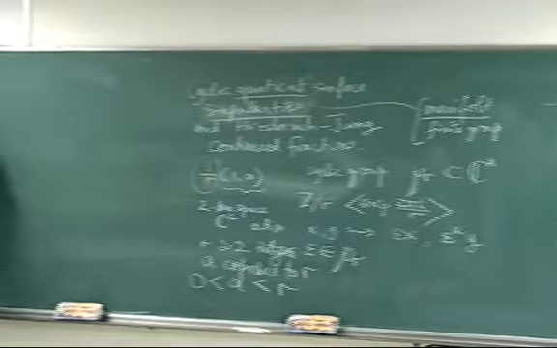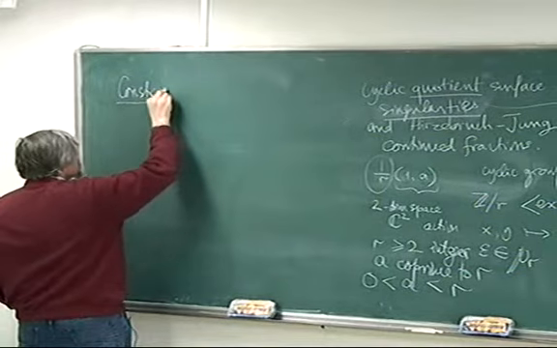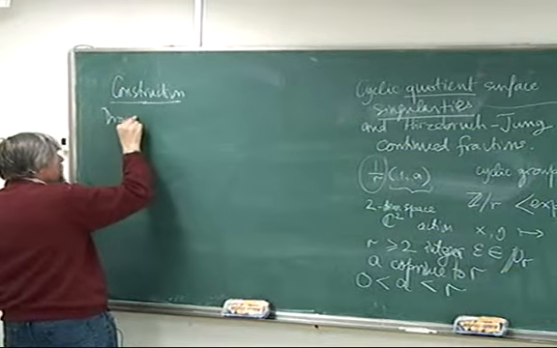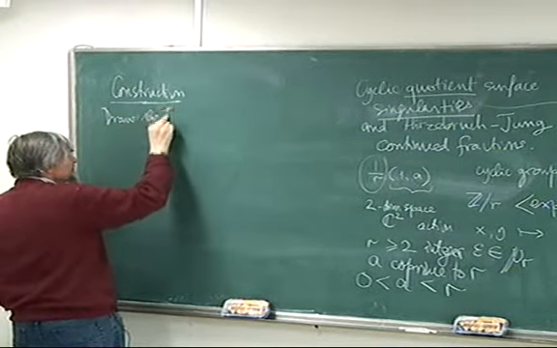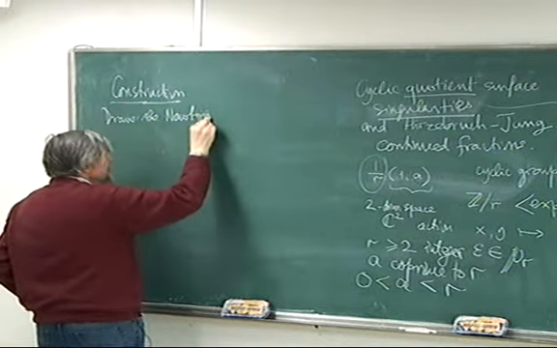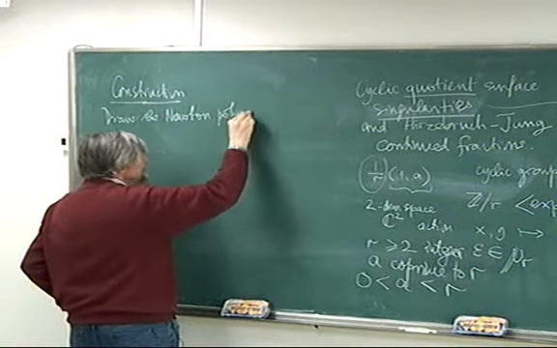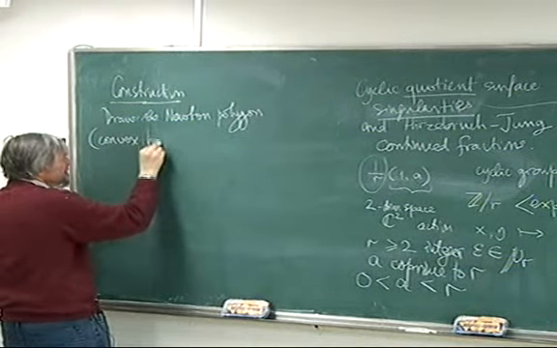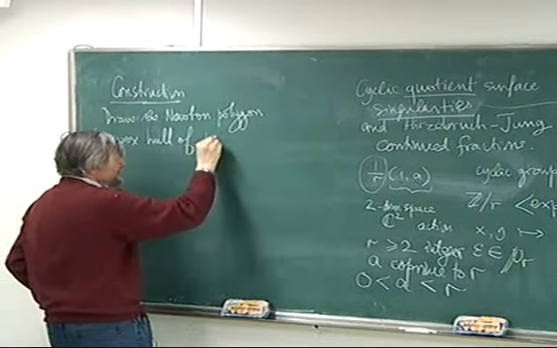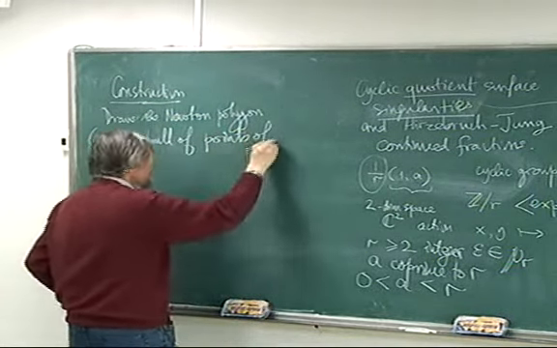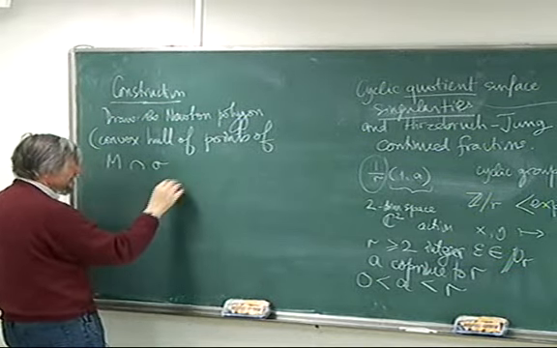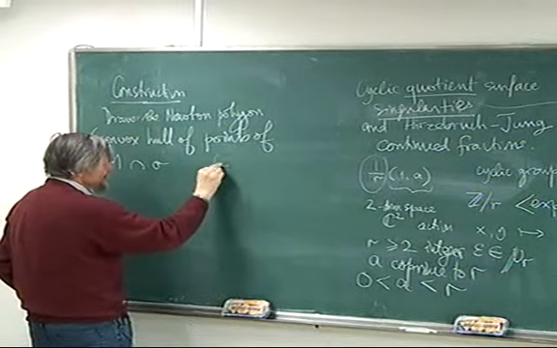Right? So the construction is: draw the Newton polygon, so the convex hull of the points of M intersect sigma, not equal to 0.